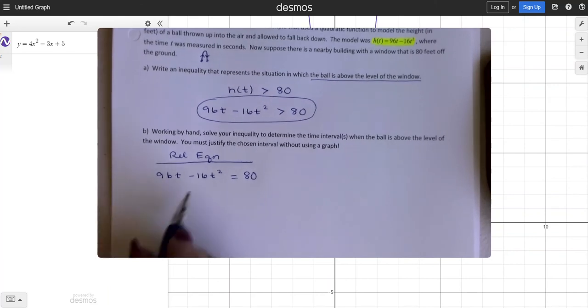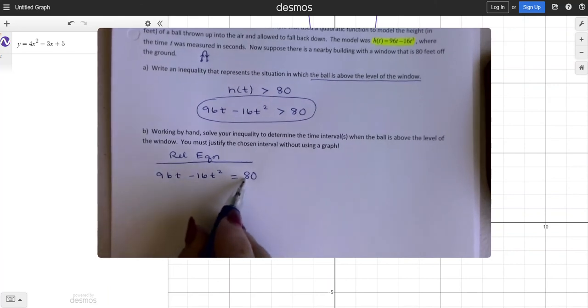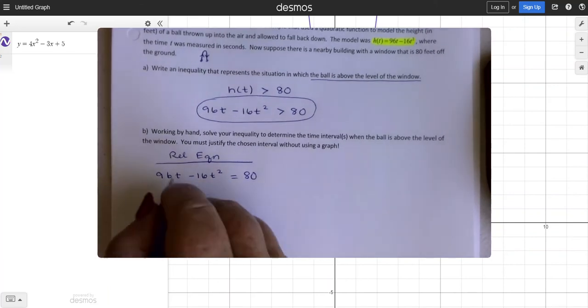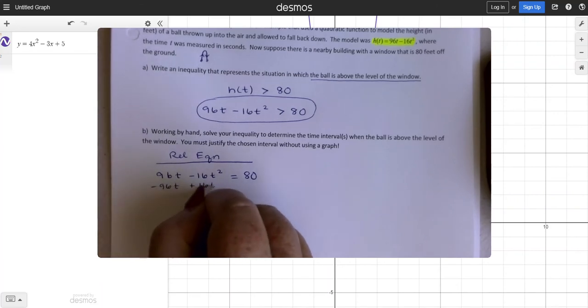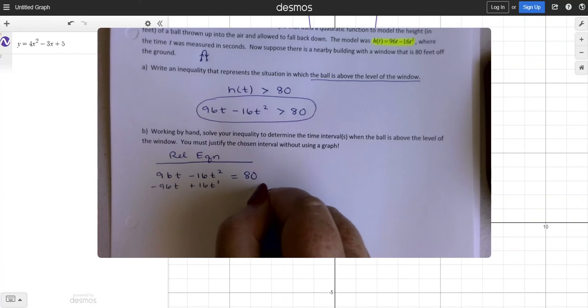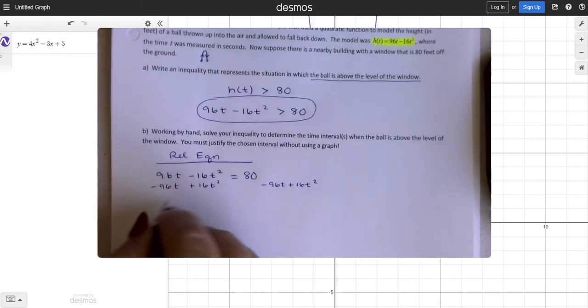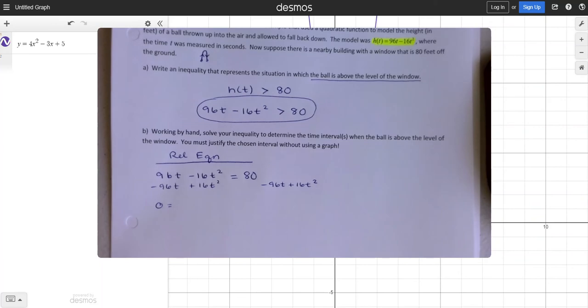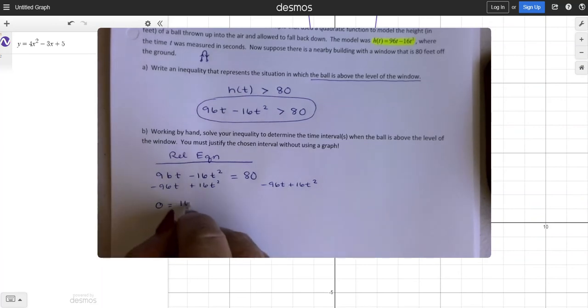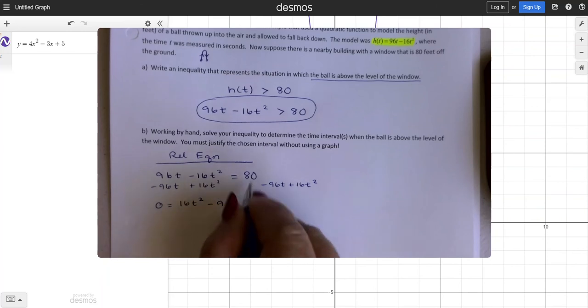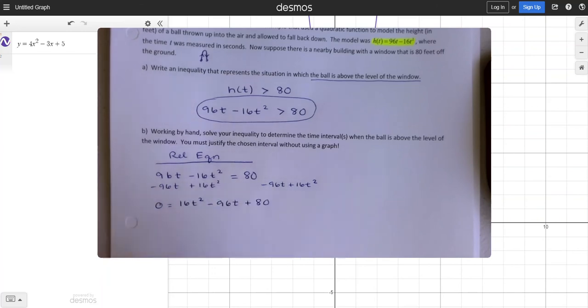And again, I really prefer a positive leading coefficient, so I'm going to subtract the 96t and add the 16t squared to get my 0. So I'd have 16t squared minus 96t plus 80.